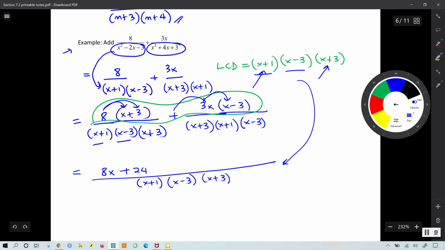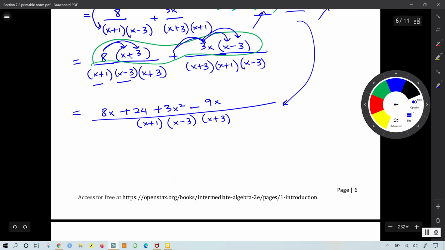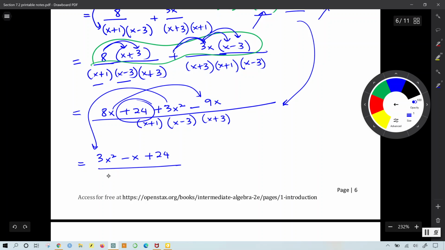Positive 3x times x is positive 3x squared. Positive 3x times negative 3 is negative 9x. And so we have 3x squared, and then 8x minus 9x is negative x, and then plus 24 divided by x plus 1, x minus 3, and then x plus 3.